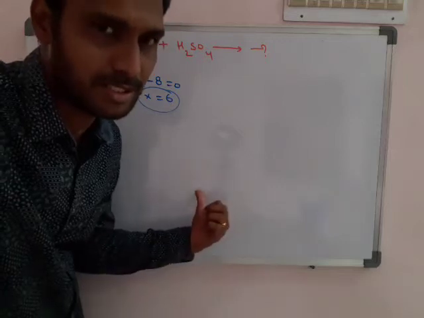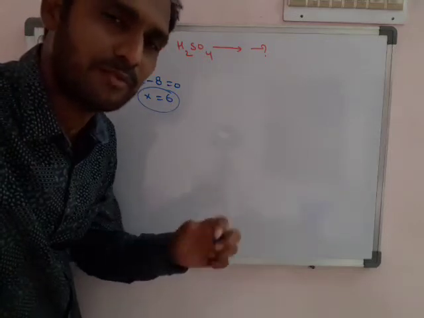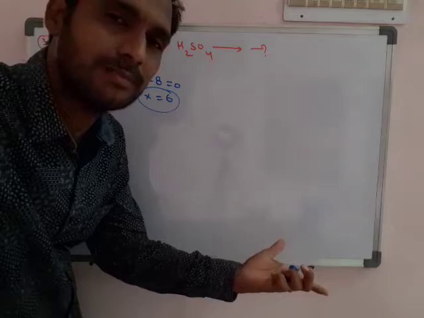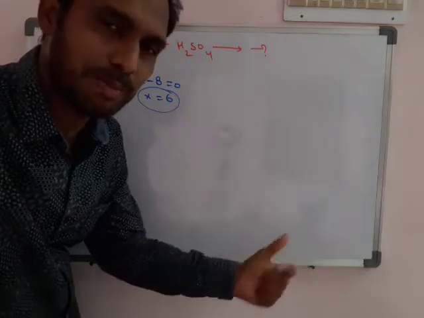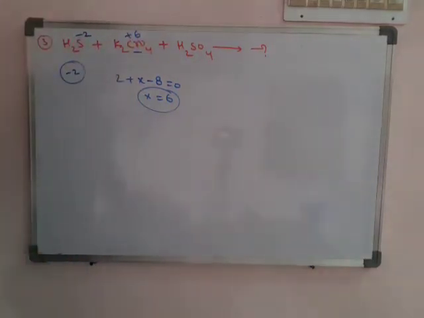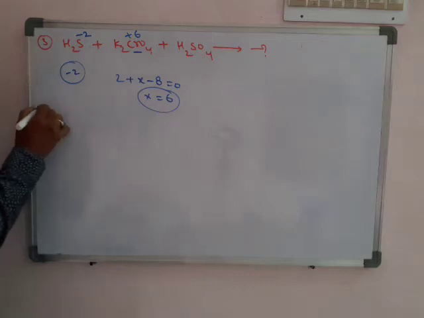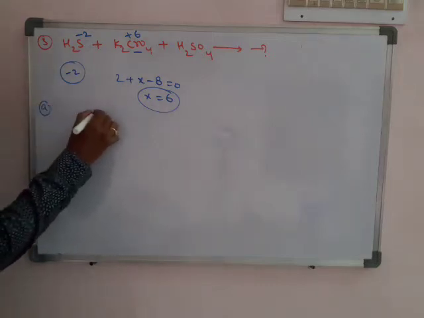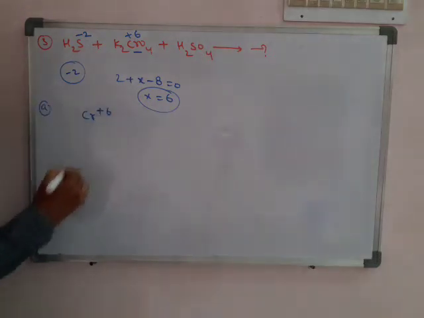Since it is already +6 here, we have to guess it reduces to +3. So we write only those changes that take place in the ions, that is chromium +6.